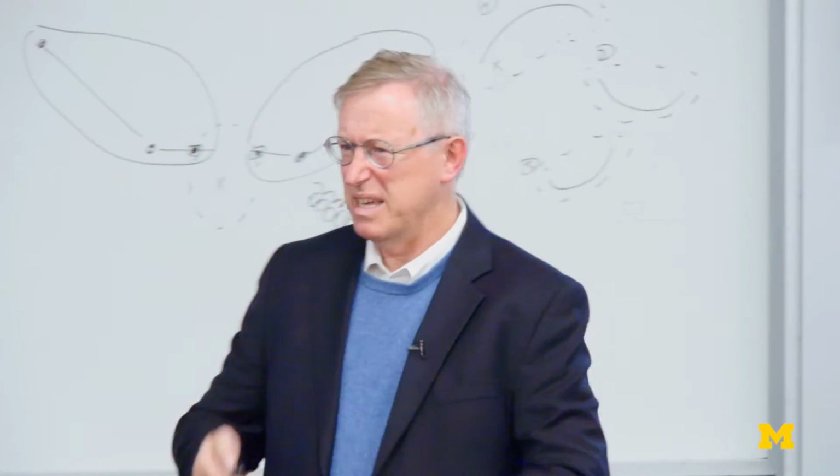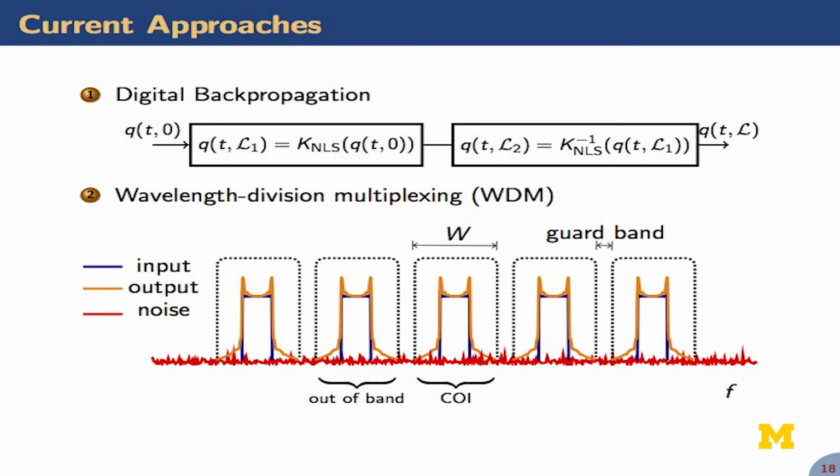So maybe you'd like to equalize or undo the channel in some way. One of the state-of-the-art methods being proposed, thought of as a very high complexity but very effective solution for equalization, is to run the channel backwards at the receiver.